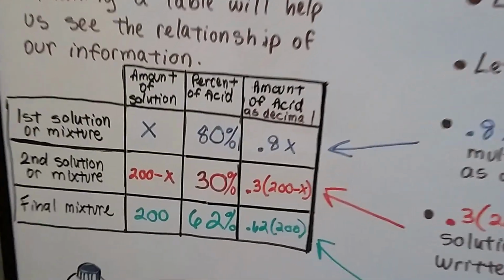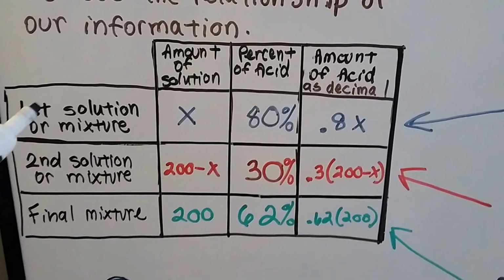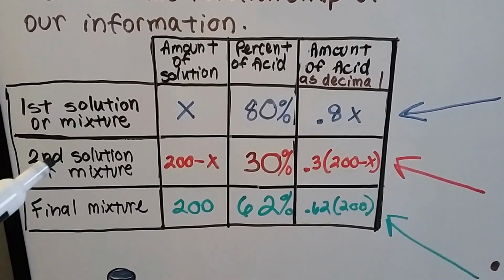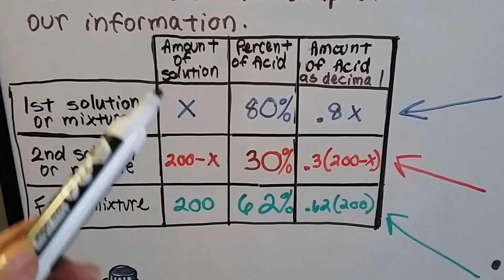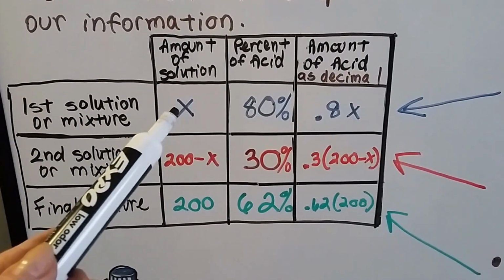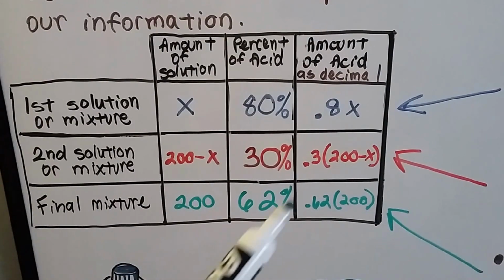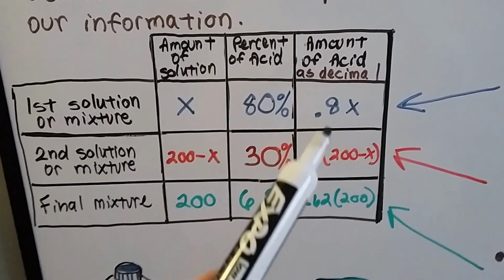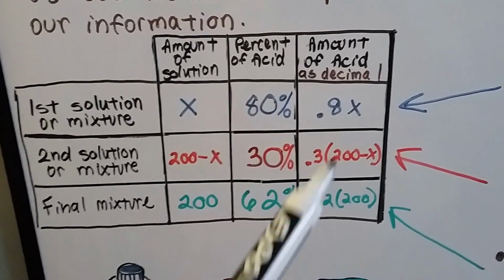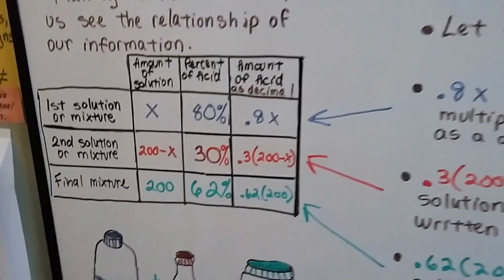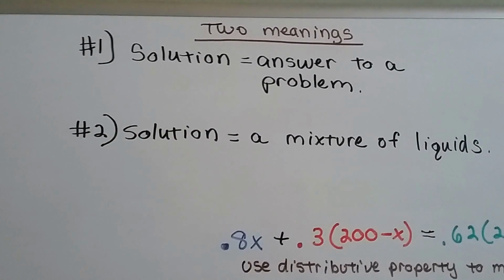Take a look at this table very closely. We've got our first solution or mixture, our second solution, and then our final one. Here's the amount we need of each one. Here's the percent of acid of each one. And here's the amount of acid written as a decimal. We'll get into this a little bit more. Also remember that there's two meanings for solution.